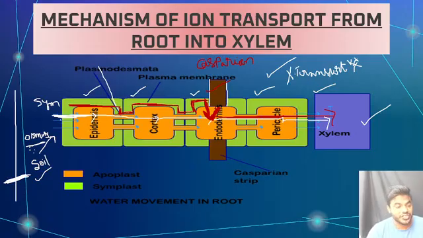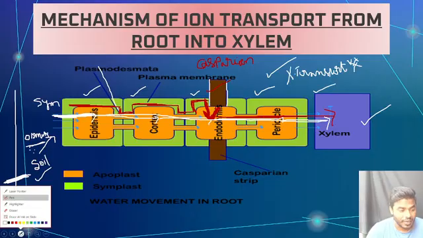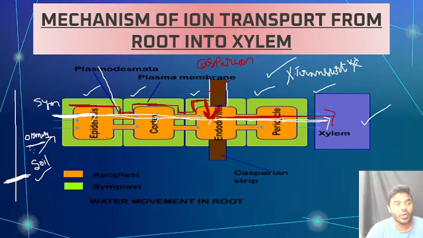Every student pay attention. The water molecules that followed the symplastic pathway can easily cross the epidermis, cortex, endodermis and pericycle, and finally reach the xylem with the help of plasmodesmata. But friends, the water molecules following the apoplastic pathway can cross the epidermis, they can cross the cortex. But friends, when the water molecule reaches the endodermis, they can't move further.